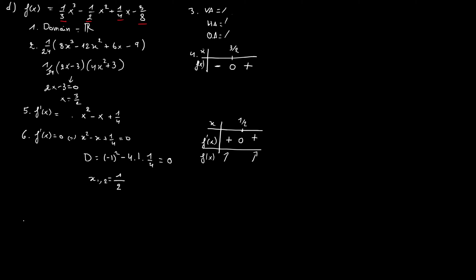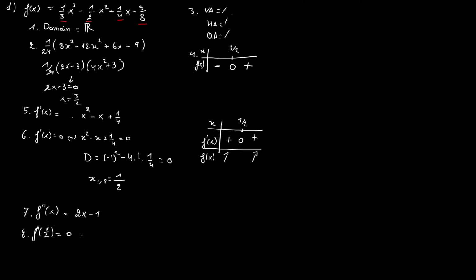Then let's have a look. We'll do step 7 and calculate our second order derivative. Our second order derivative is just deriving the first order derivative, so in other words, we get 2x minus 1. Now let's apply the extremum test to that. So, step 8: f double accent at 1/2. Unfortunately, again, it's equal to 0.